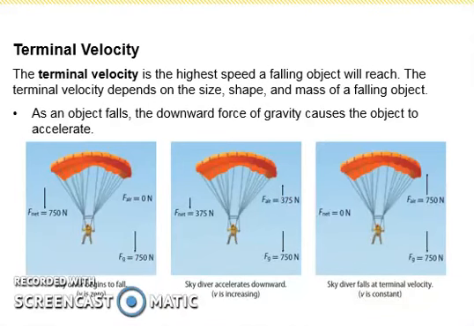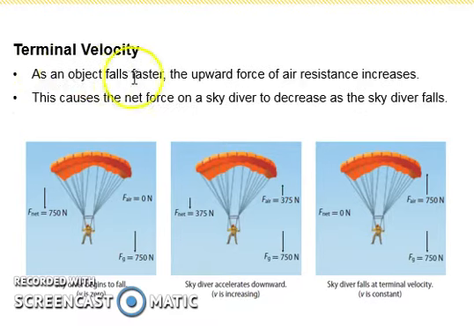So that leads us into terminal velocity. Please write it down. It is the highest speed a falling object will reach. The terminal velocity will depend on not only the size, but the shape and the mass of a falling object. So as an object falls, the downward force of gravity, as you learned earlier, is going to cause the object to accelerate. As an object falls faster, the upward force, the force that moves this way, of air resistance increases.